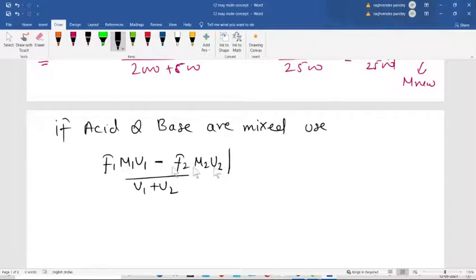And this is the mod value. Mod means it will not come out negative. Whatever is there, it is a mod value, it should not come in negatives, and that is your M.